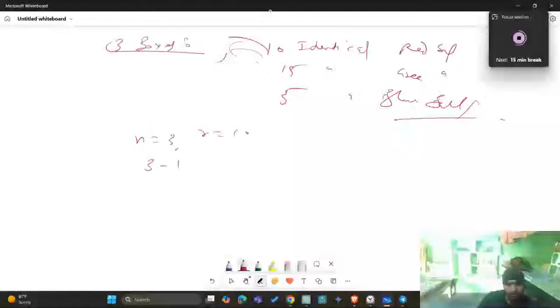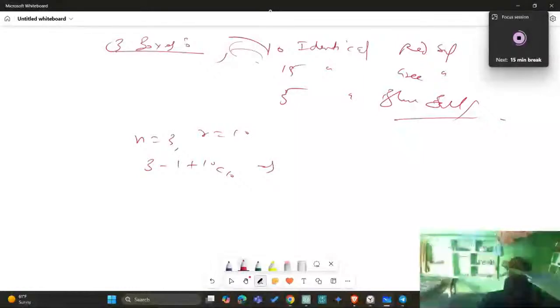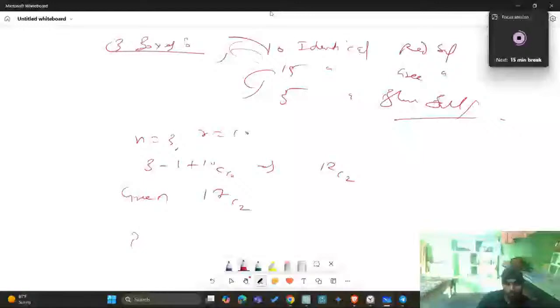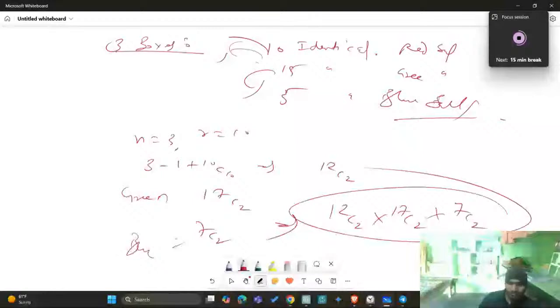So 3 minus 1 plus 10 C 10 will become 12 C 2. Similarly, for green balls, 15, it will become 17 C 2, and for blue balls, it will become 7 C 2. So the total number of ways we can distribute is 12 C 2 times 17 C 2 times 7 C 2, because all of these are mutually exclusive and independent events. So this is the answer.